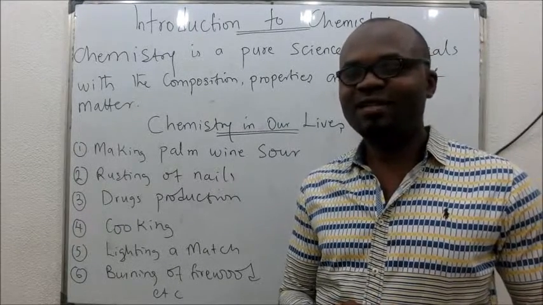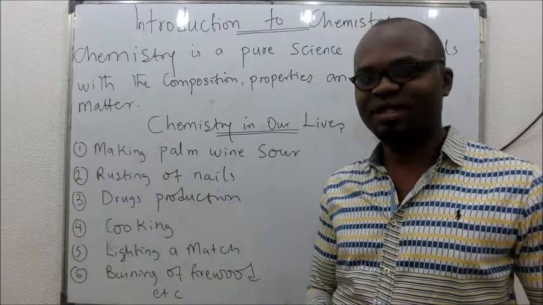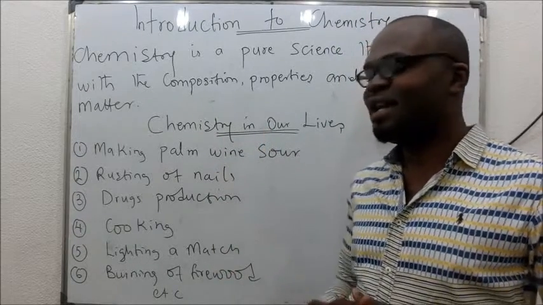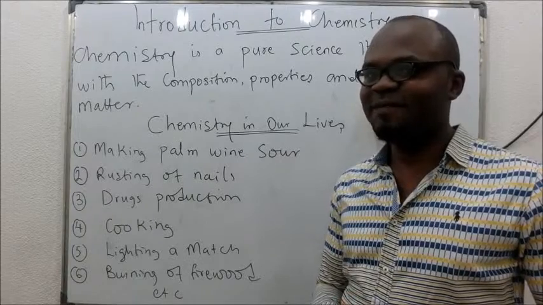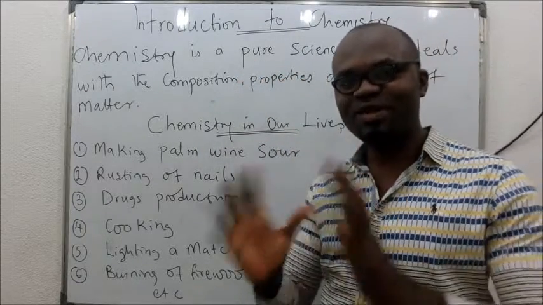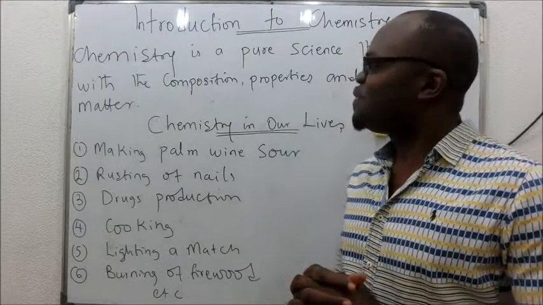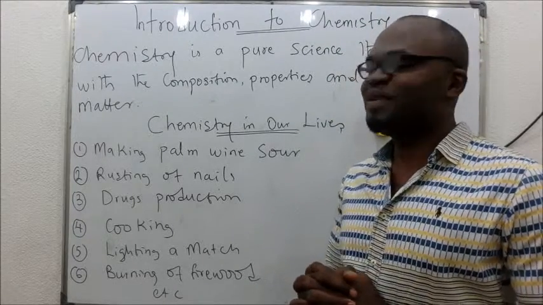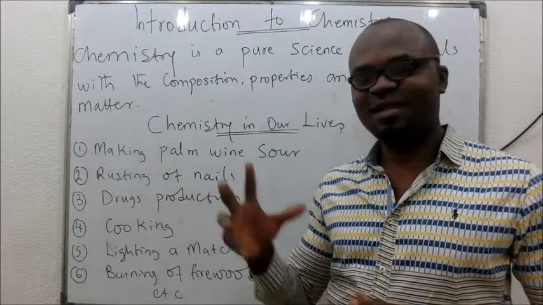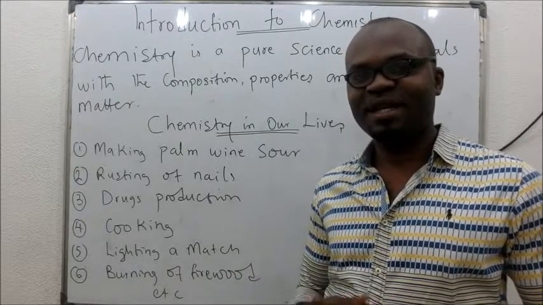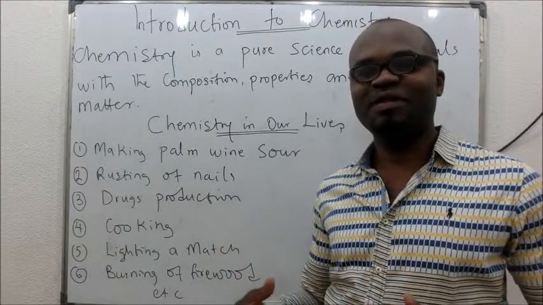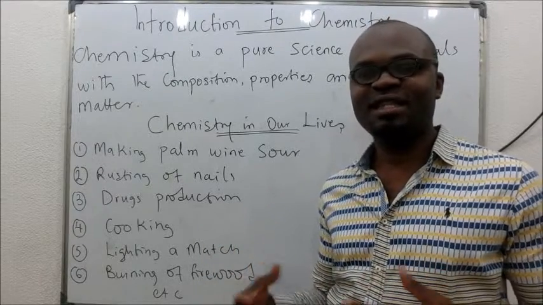So when they ask you in class, why are you studying chemistry? You study chemistry because you want to understand all these that happen in your everyday life. And chemistry is a pure science because it goes through the normal process that every pure science goes through in its study, such as observation, carrying out of experiments, formulation of hypotheses, formulation of laws, and taking down records.